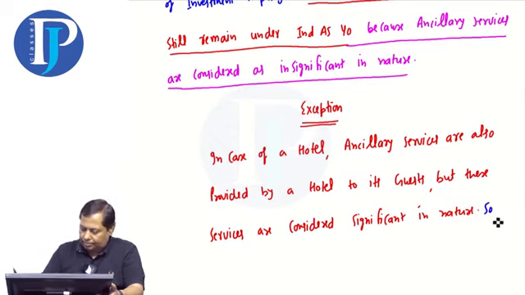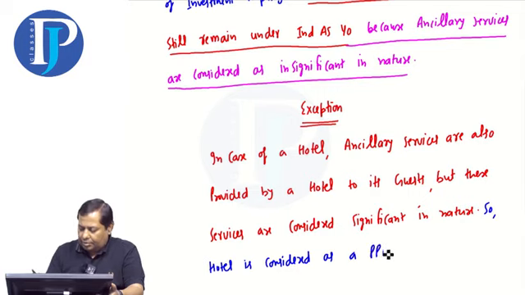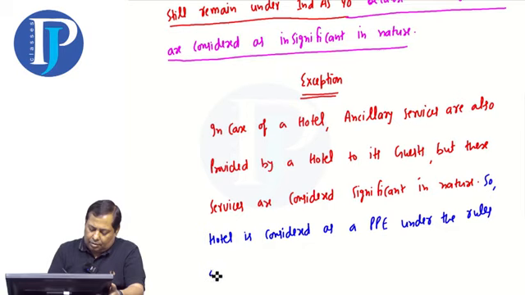So, hotel is considered as a property plant equipment under the rules of Ind AS 16.